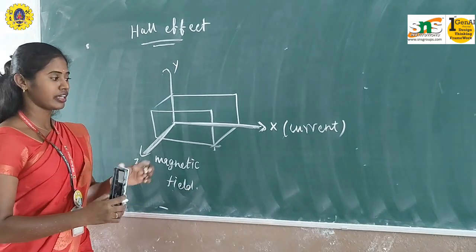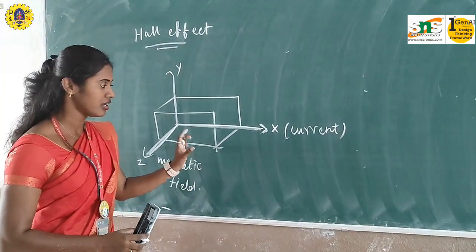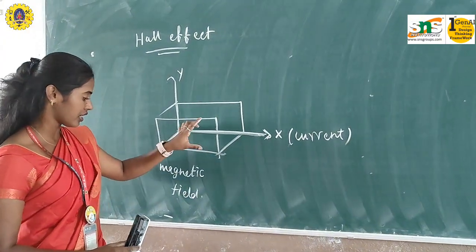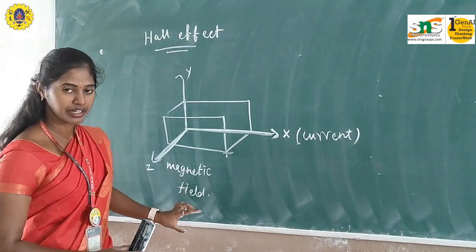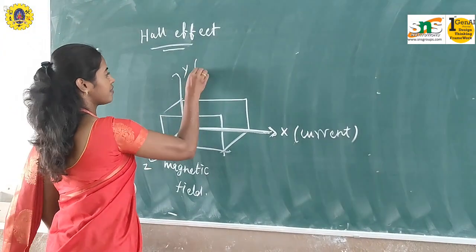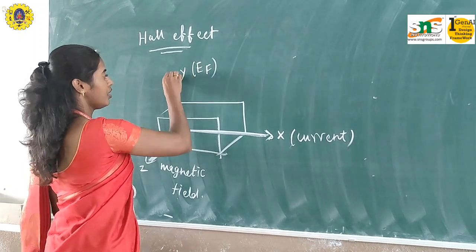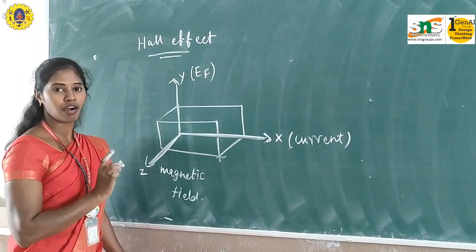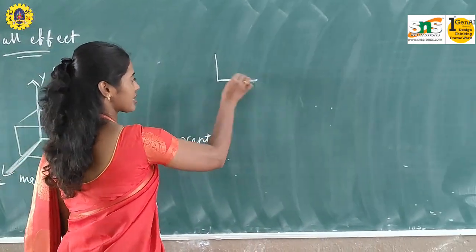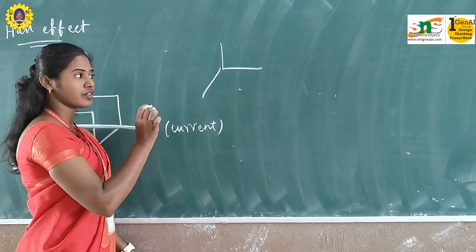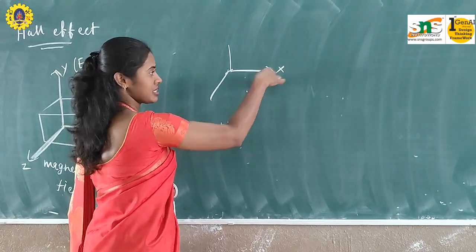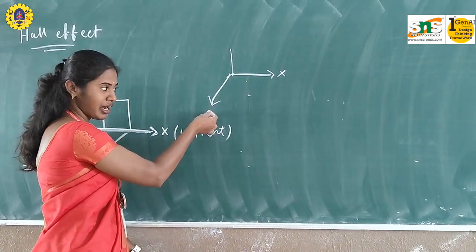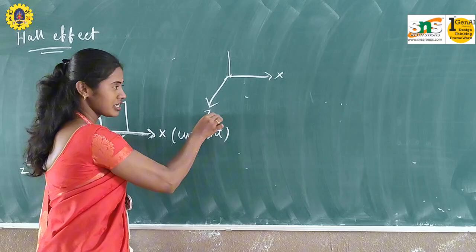So let us consider a current carrying conductor. We have applied current through the x-axis, and in the z-axis we have applied magnetic field. Here the electric field produced in the sample will be in the positive y direction. This is said to be the Hall effect. Current is passed through the x-axis and, perpendicular to it, the magnetic field is applied along the z-axis.